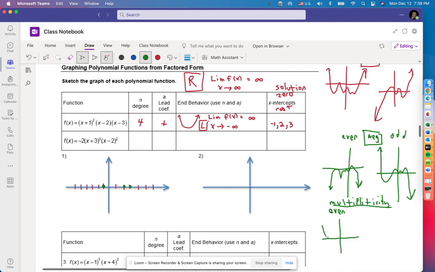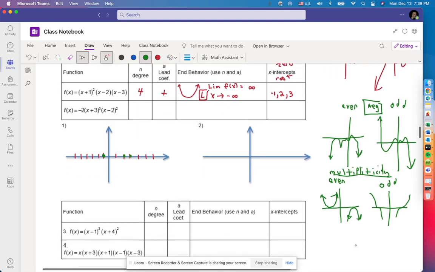So it's going to either look like this or like this. If I have an odd multiplicity, remember it slivers, goes down, slivers through. And if the multiplicity is just straight up 1, it just goes straight through.